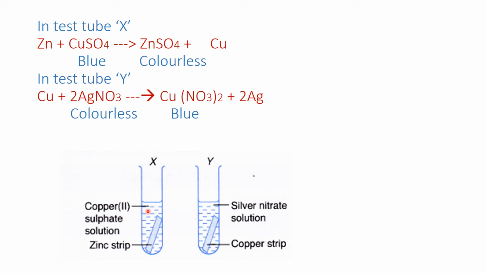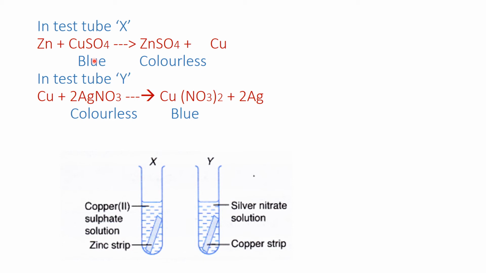So the solution changes to colorless and a reddish brown deposit of copper can be seen on this strip. In case of Y, after the reaction you will see that silver nitrate, which is colorless, changes to blue because of the formation of copper nitrate. And on the copper strip you will find silver deposits.